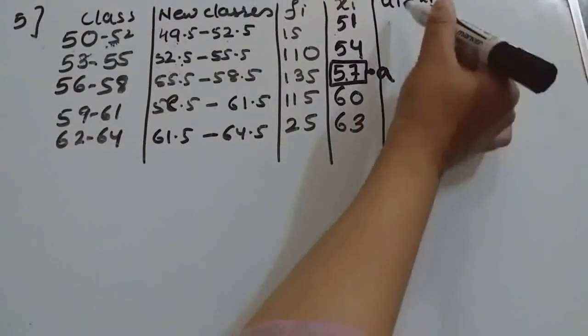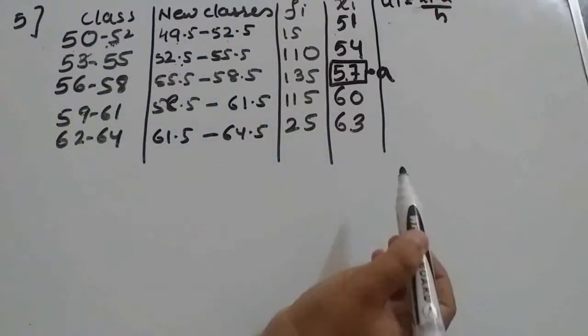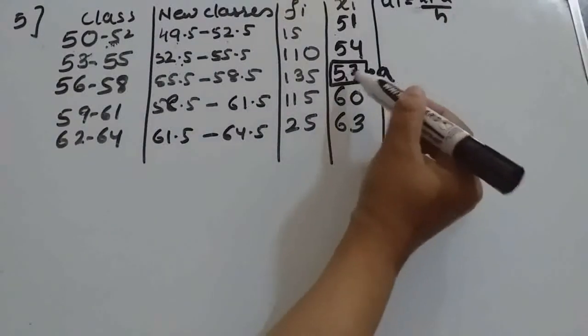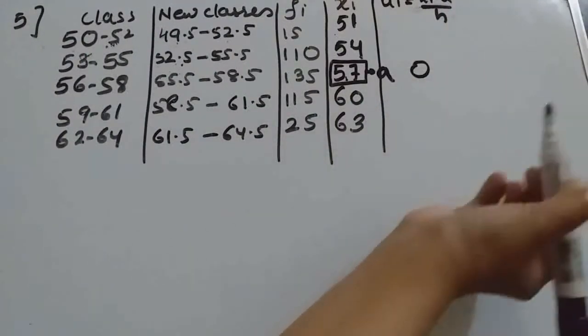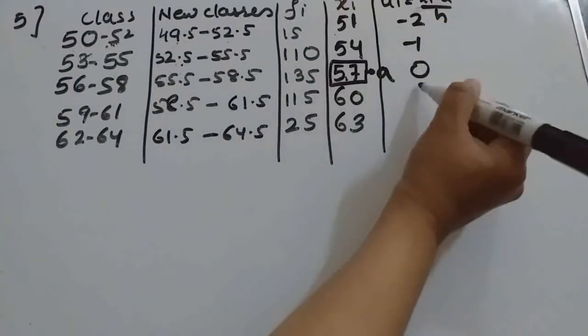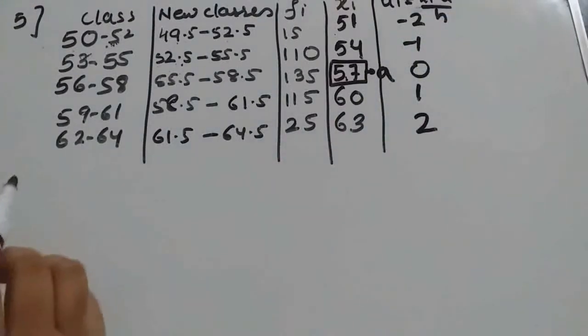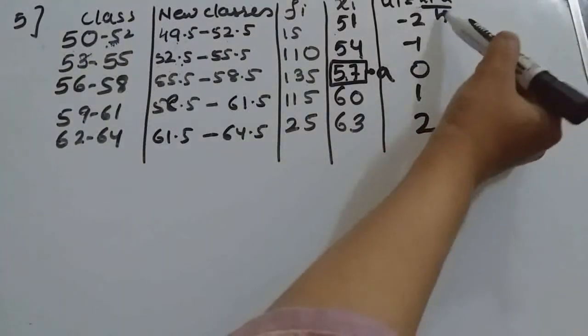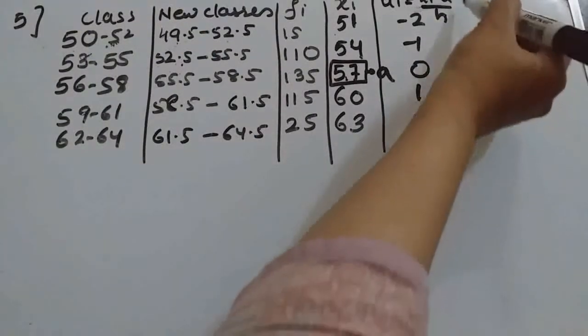Now in front, how will you write Ui using the trick? In front of 57 you can write 0, then starting from -1, -2, and below +1, +2. This you can verify by using this formula. Okay, you will get these values only.